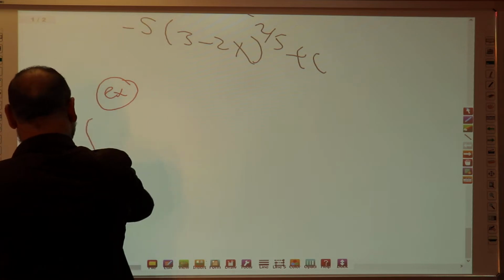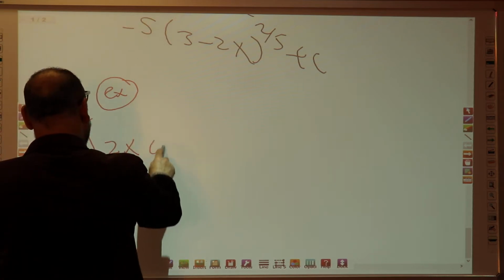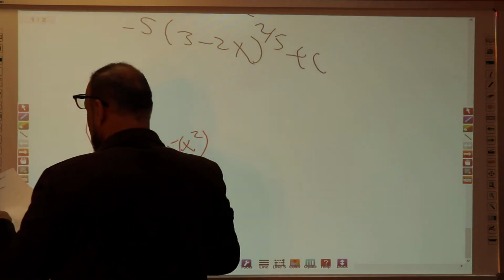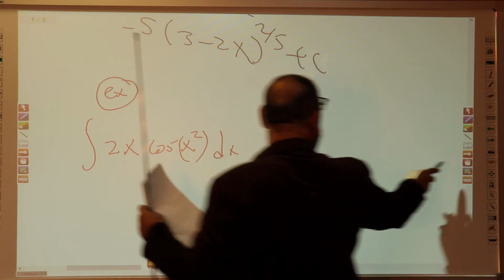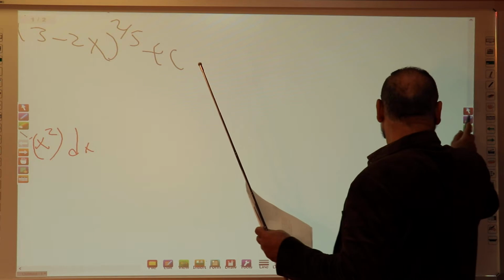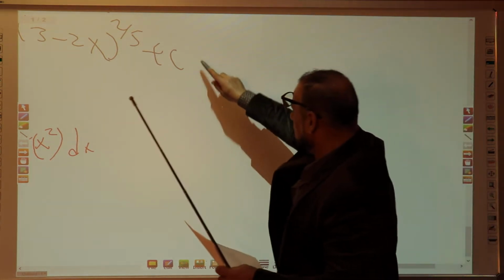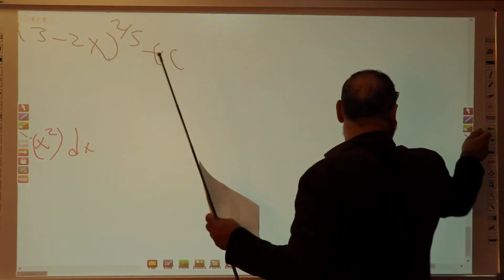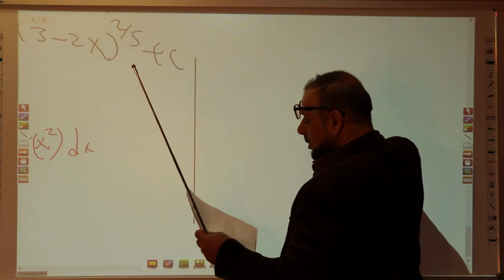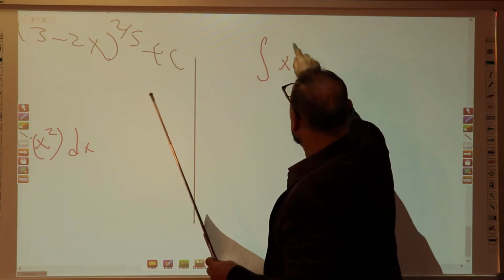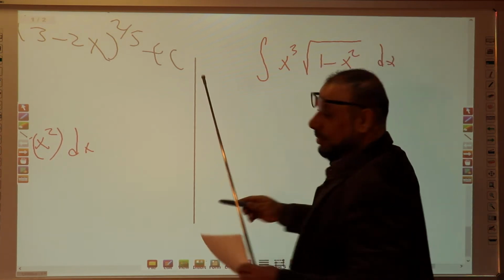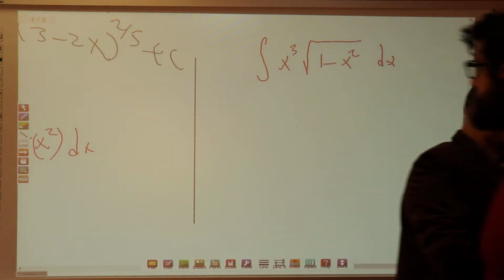The first one, integration of 2x cosine of x squared dx. The second one is integration of x cubed square root of 1 minus x squared dx.